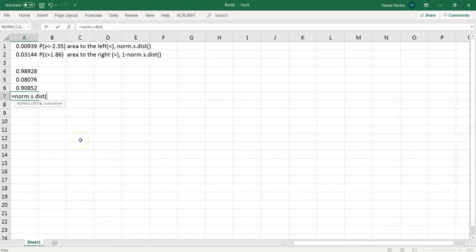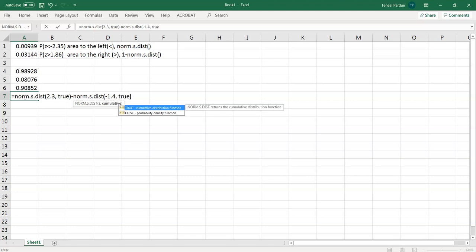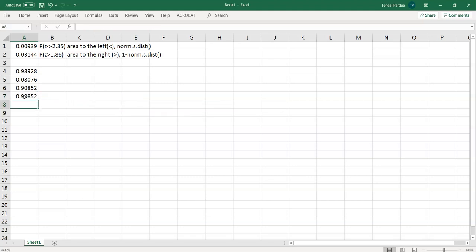What was that top value we had? It was 2.3 true, minus norm S dist negative 1.4 true. And we get our value here.